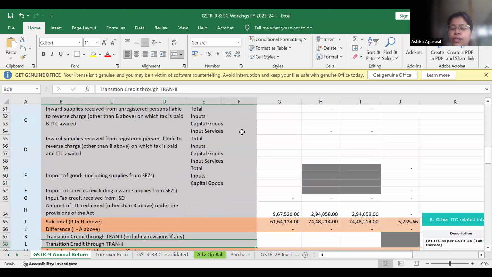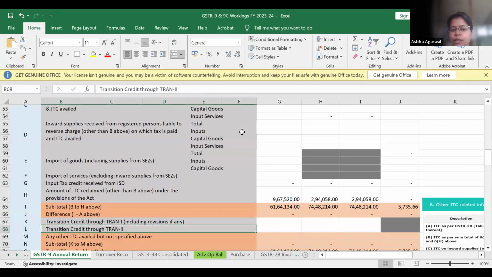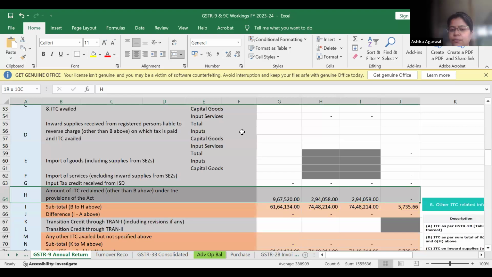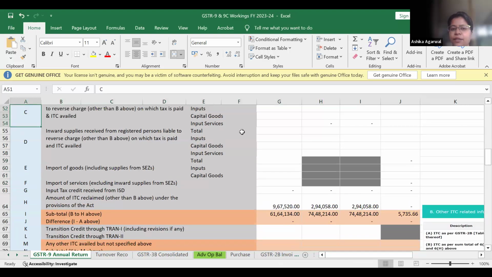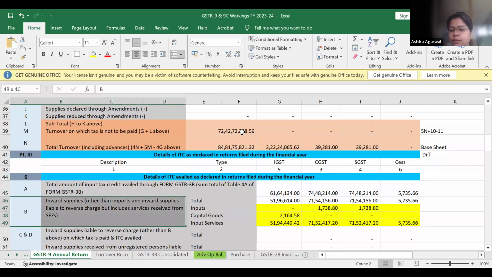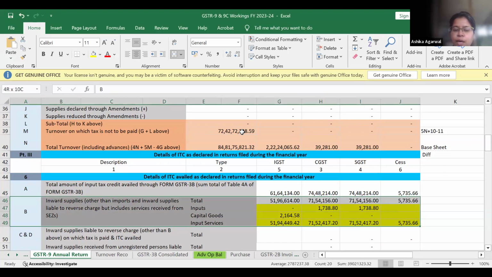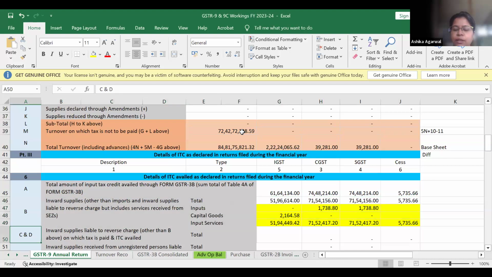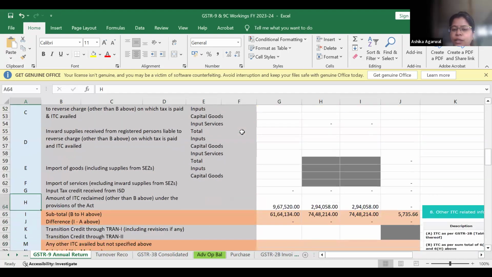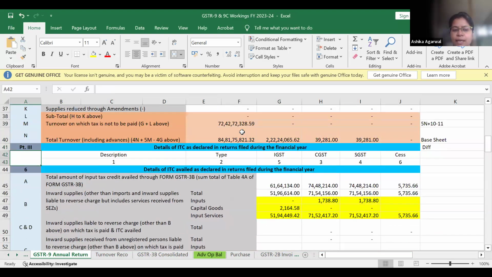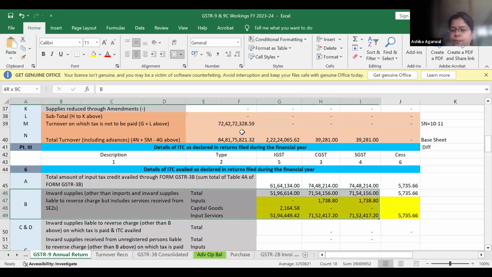One part, the 4D1 claim, which we are reporting in table 6H, and the balancing figure, which is reported in table 6B. So it is all other ITC, which is divided into two parts in GSTR 9 reporting. Reclaim ITC, table 4D1, in table 6H and all other balancing amount in table 6B.